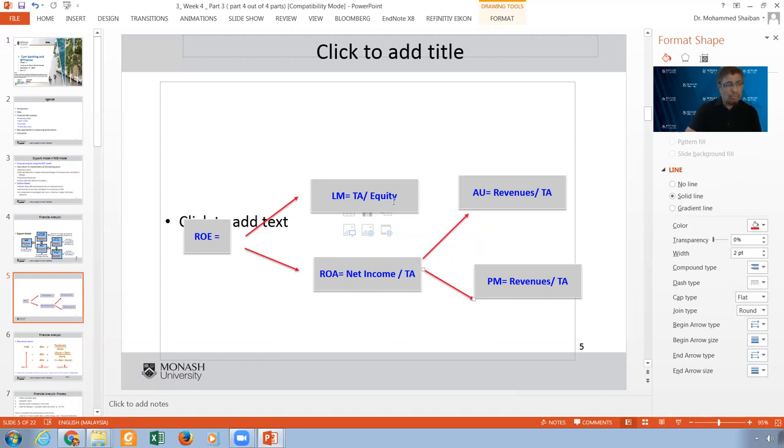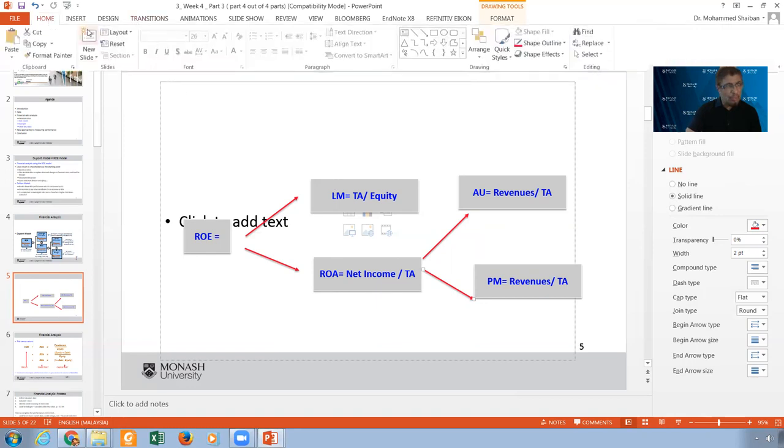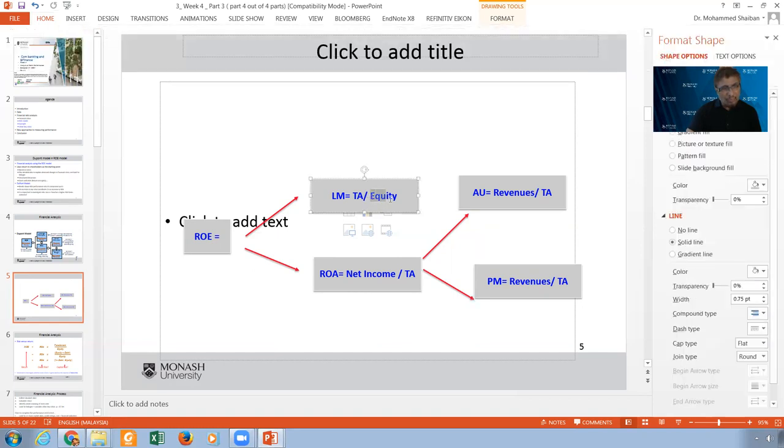So just in this stage, to explain to you, if you look at here, actually, it's a capital risk because we are talking about equity. I can decrease the equity here and have less capital and increase this part. And here, I can actually increase the revenues, because this is the asset utilization, increase the revenues by giving more risky loans, and then increase it to the total asset and increase this ratio.